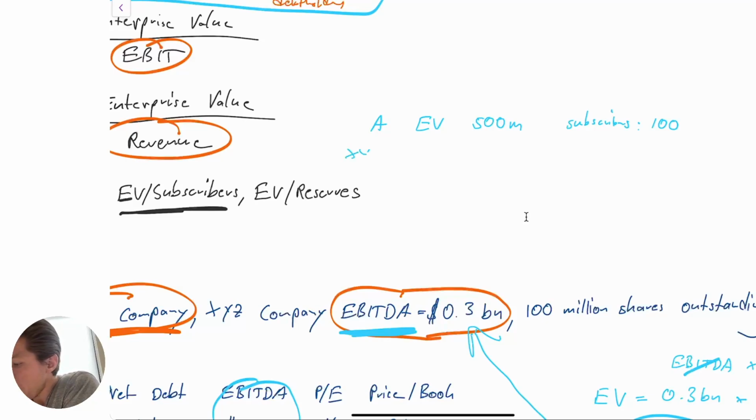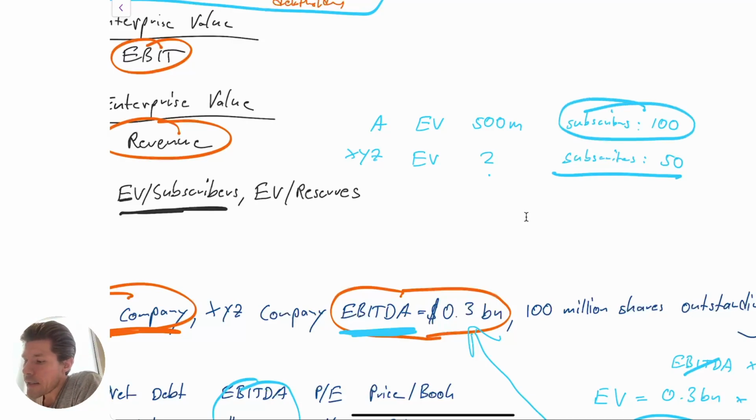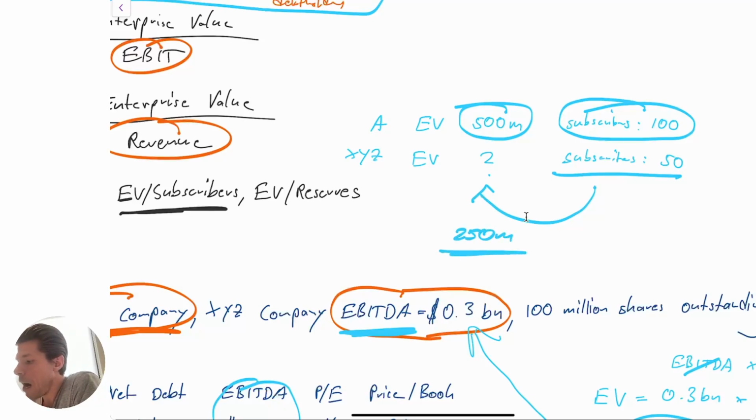My XYZ company's EV, I don't know, but I know I have 50 subscribers. We know there's a comparable company that has 100 subscribers and an enterprise value of 500. Then I can extrapolate and know my enterprise value should be 250 million. Subscribers is half, enterprise value is half.